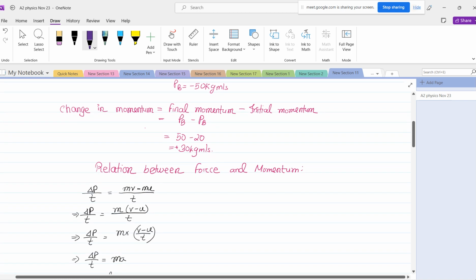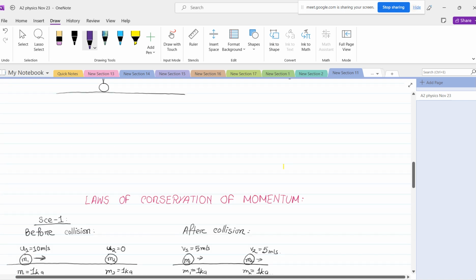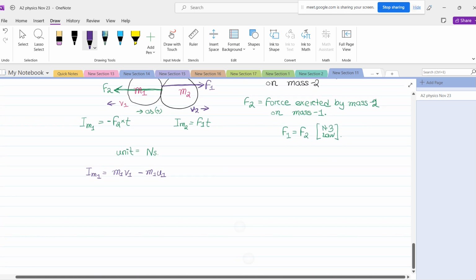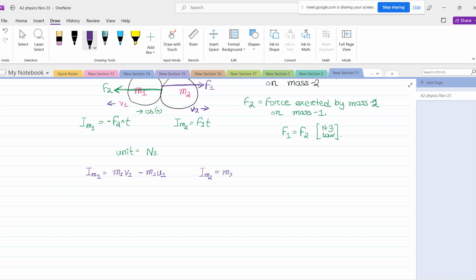So change in momentum can also be considered as impulse at times. And the equation for impulse for mass 2 would be m2 v2 minus m2 u2. So this is the impulse for mass 1 and impulse for mass 2.